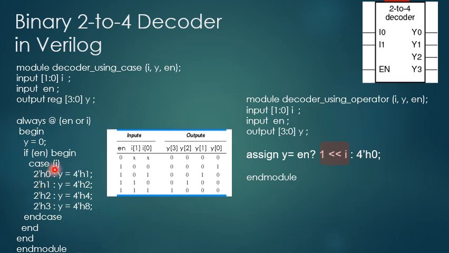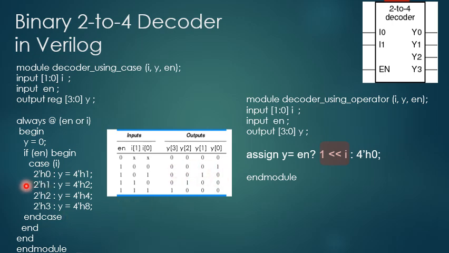Okay, so when I equal to hexa 0 or 0,0, then y will be equal to, look at the function table of this row, then when I equal to 0,0, y will be equal to 1. So y will be equal to 4-bit 1. Okay, when I equal to 1, then y will be equal to 2 as shown here, and so on.